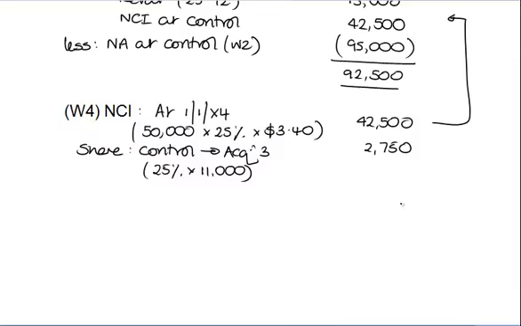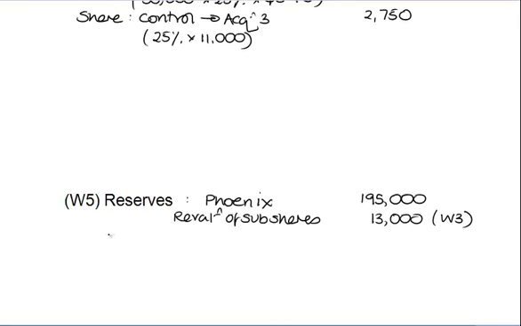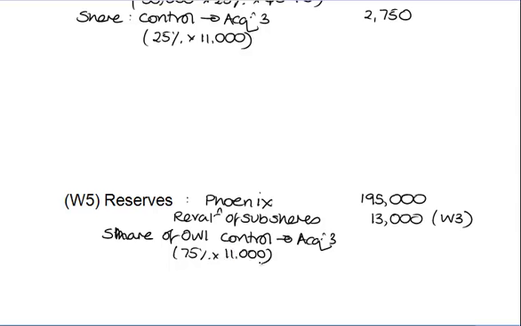Group reserves. So let's go down to group reserves. Share of AL between control and our third acquisition of shares. That's going to be 75% times 11 million.